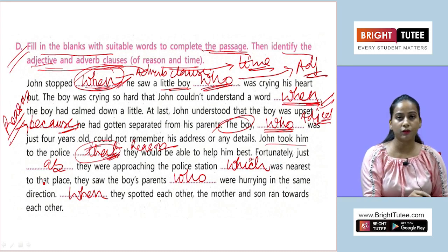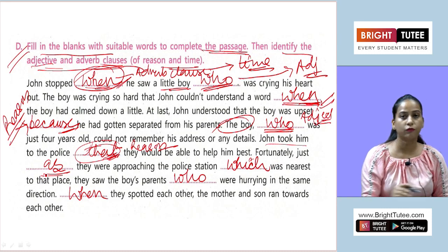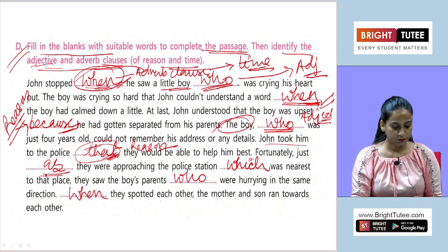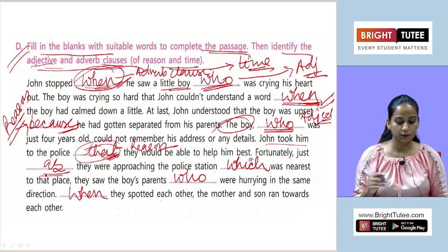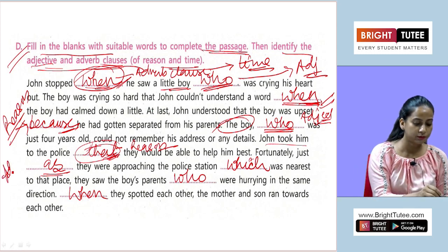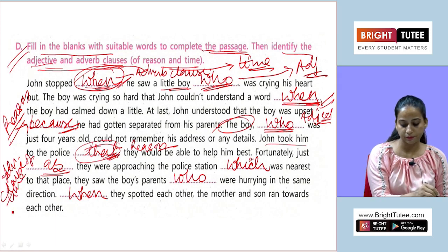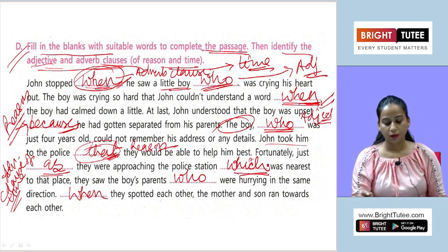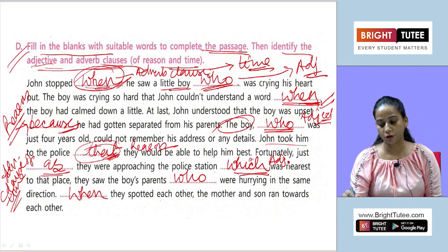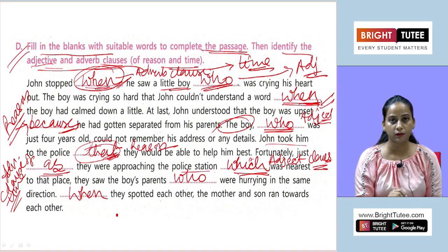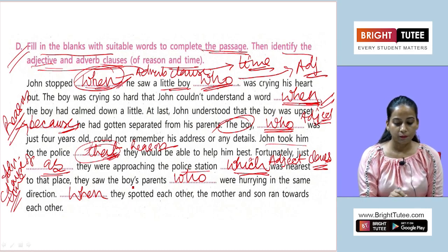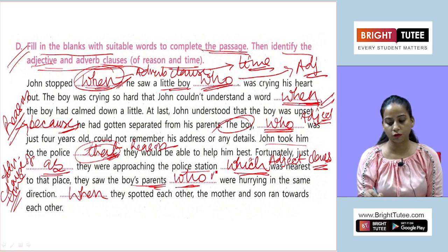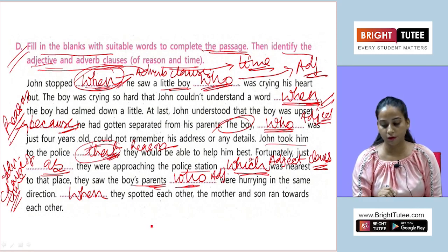Then fortunately, just as, here it is going to be adverb clause of time, as they were approaching the police station, which is the adjective clause qualifying the police station here. Then boy's parents, who, so this is also the adjective clause here.